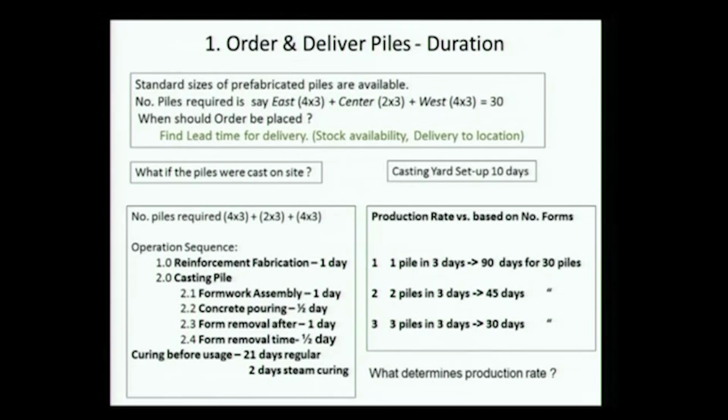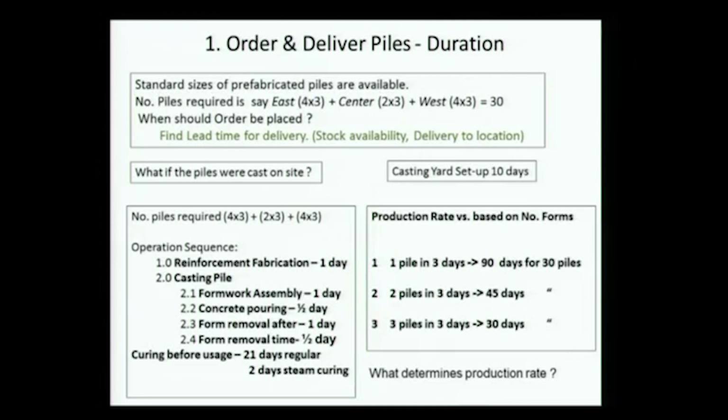Now if I wanted it to gain strength rapidly, I could use steam curing. So it depends. You can imagine now, from when my first pile goes into casting, I will be able to use it only after how many days?